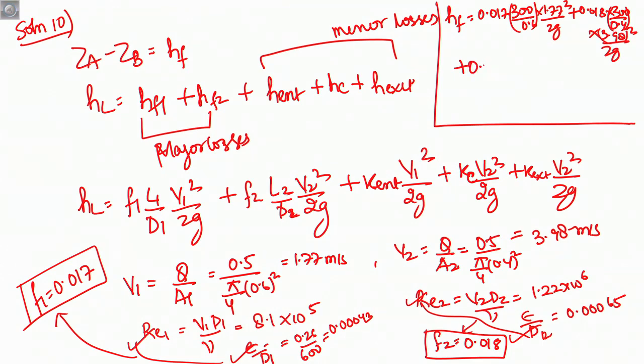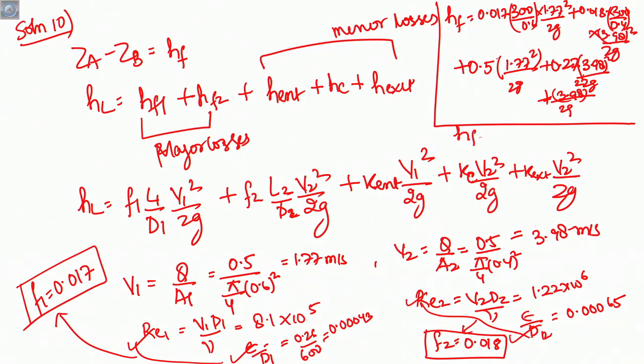The entrance was 0.5 into 1.77 square by 2g, and this 0.27 is given to us, or we can look it up in the table, into 3.98 whole square by 2g. The last one is exit, so the whole energy is going to be lost, so 3.98 whole square by 2g.